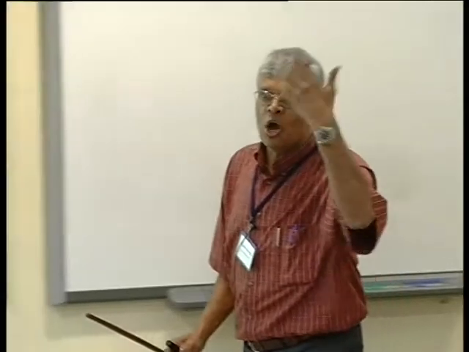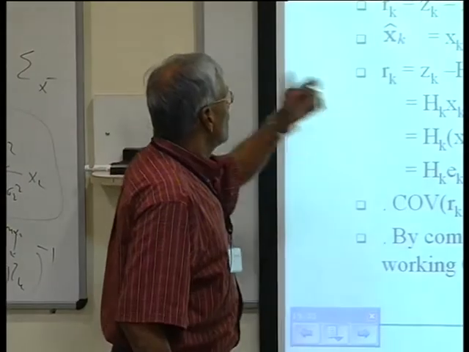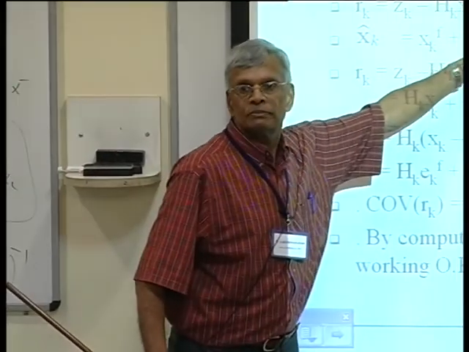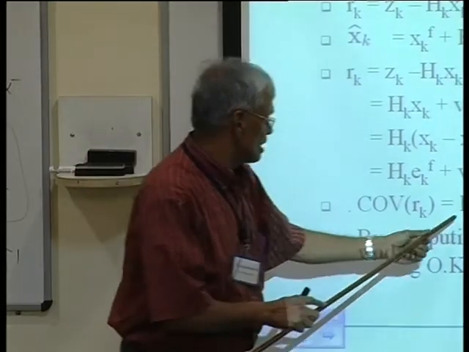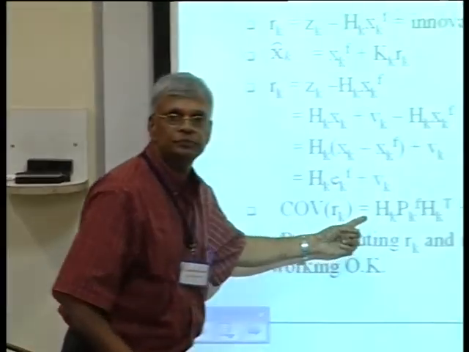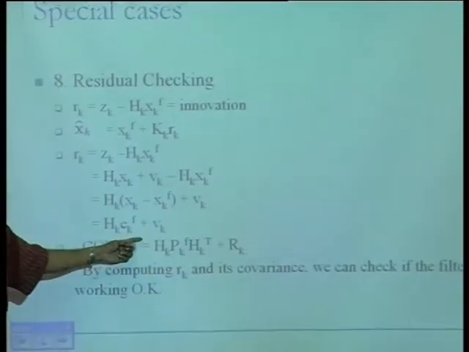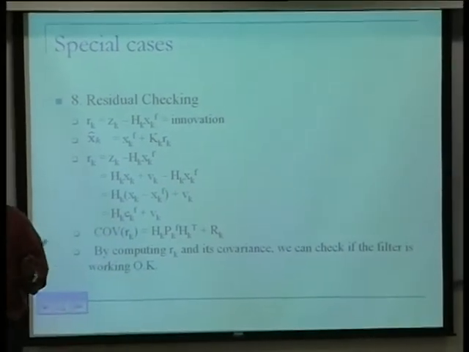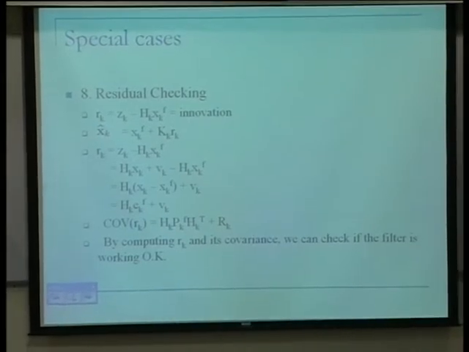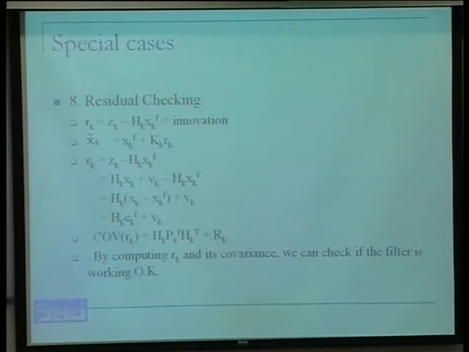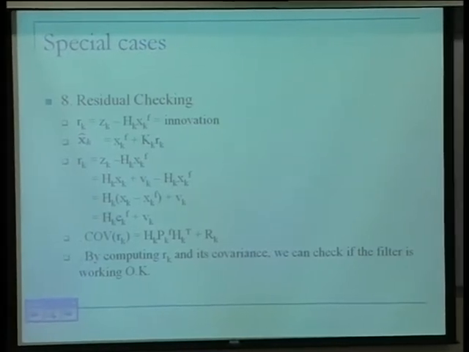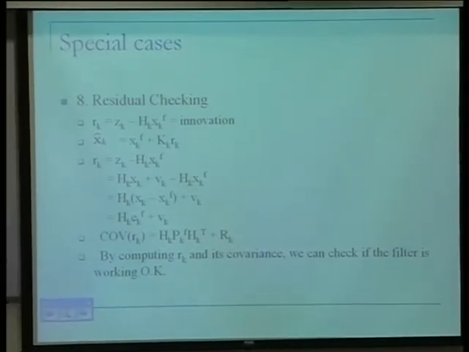Residual checking. Now, how do you know your filter is working correctly or everything is good? You get this. This is called innovation. It can be shown that the covariance of the innovation is given by this. So what do you do? You compute the innovations and calculate empirically the covariance of the innovation. You assume ergodic assumption. The time average is equal to spatial average.